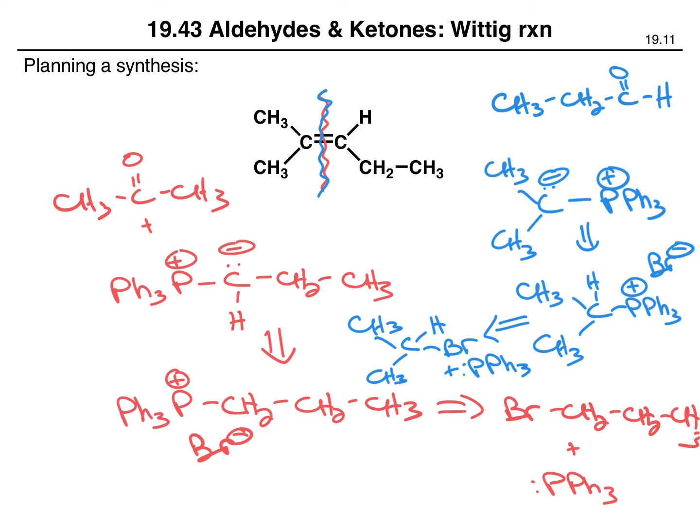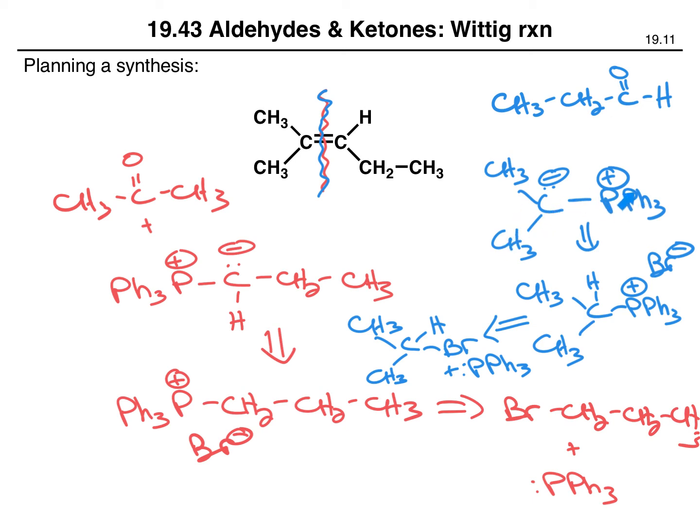Let's put those lone pairs on there. So the triphenylphosphine will act as a nucleophile, share its electrons with this carbon, kicking out bromine as a leaving group, giving us this species with the bromine counterion. And then treatment with a strong base is going to pull off this proton, putting these electrons onto the carbon, giving us the ylide.